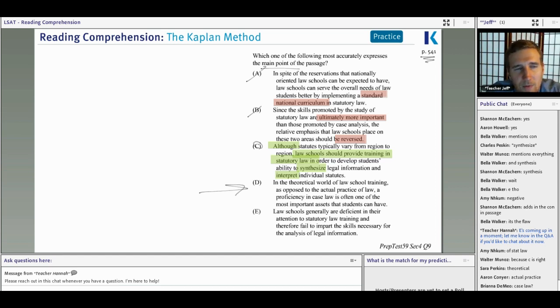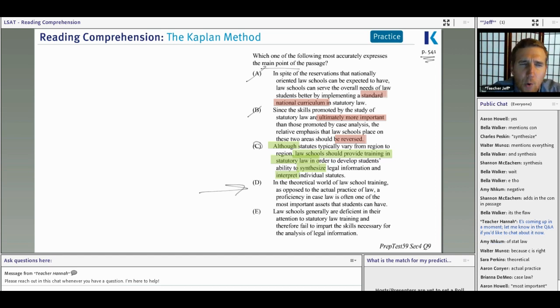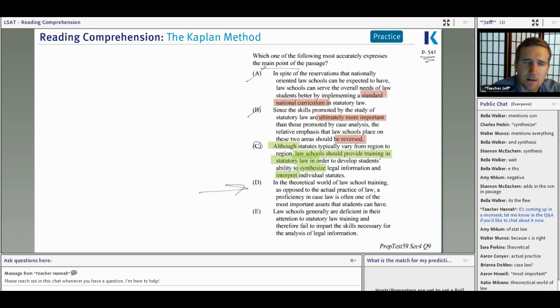Okay, number one, we've got this theoretical world of law school training. That already seems a little odd, though notice this theory versus actual practice. That could be referring to teaching in law schools versus the reality, right? So that could be what we learned at sort of the end of paragraph 1, beginning of paragraph 2.